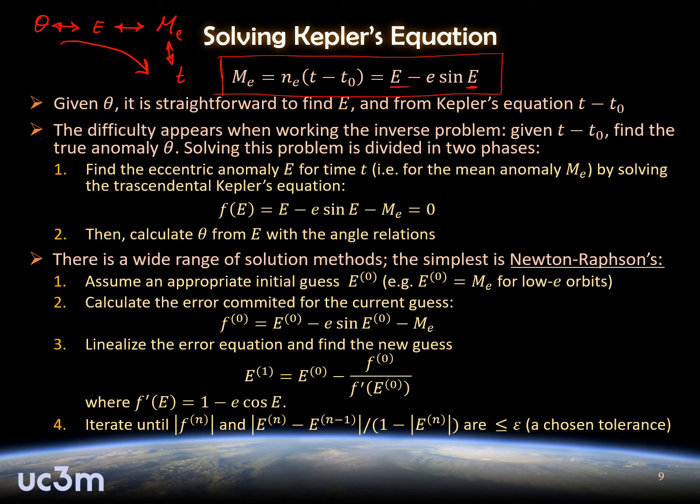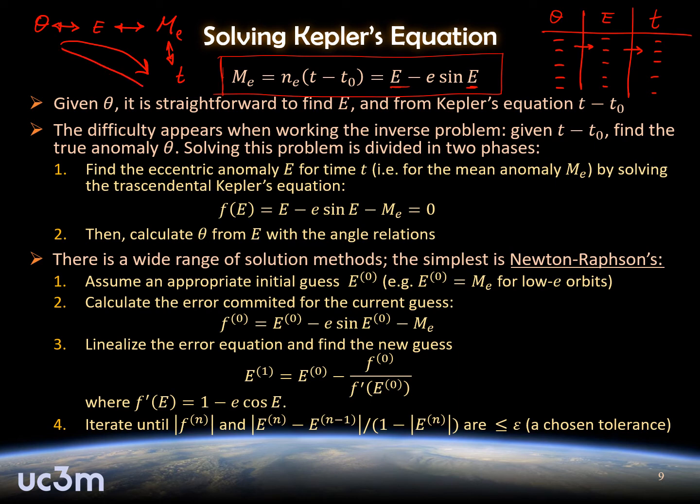This allows you to build, for example, a table where you have theta, E, and t. So you start with given values of theta, you compute the corresponding values of E, and using Kepler's formula, you compute the corresponding values of t without any problem. The difficulty is when you want to solve things in reverse.